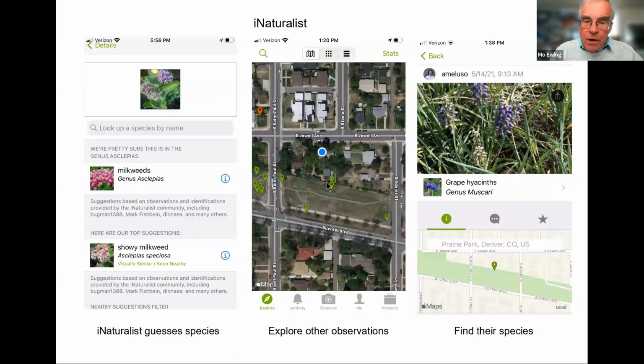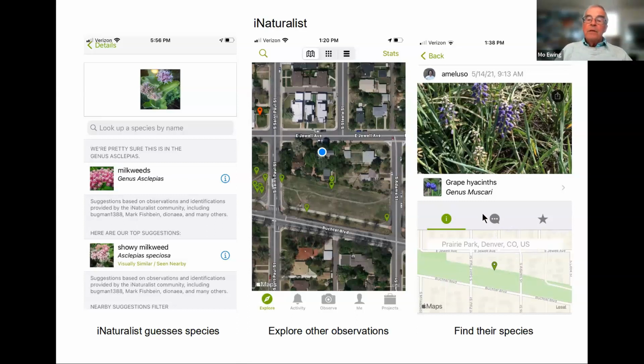The other thing that you can do is to go to a location and then push explore, and it will give you these little green pins all over here. Those are pins of collections that other people have made. So you just click on that, and it tells you what the species is there and when it was collected, and it shows you a map of where it was.